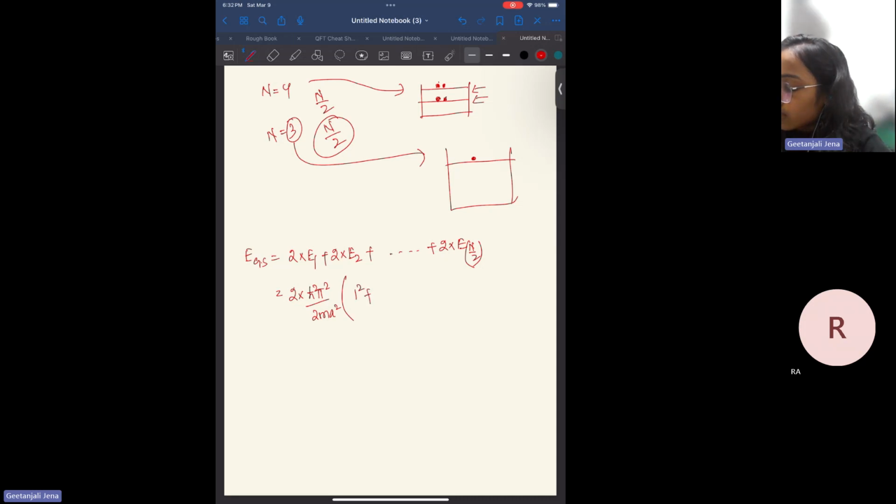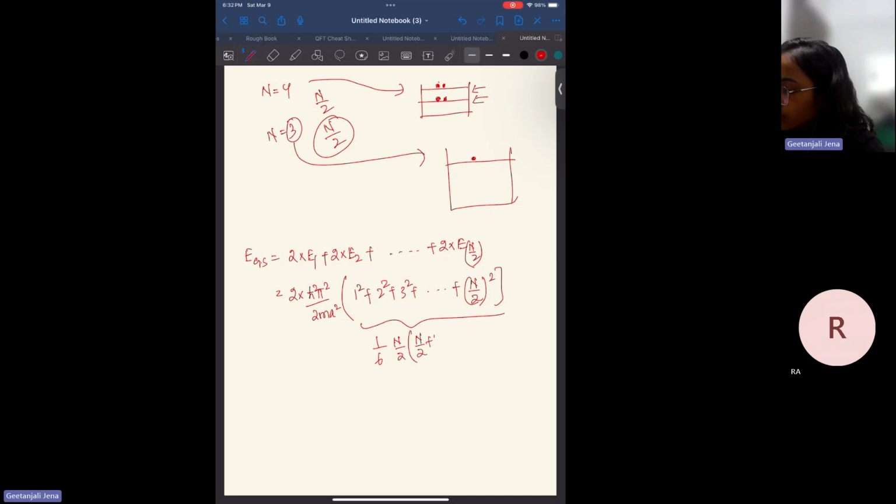Here n is 1, so 1 square, 2 square, 3 square, and the last state is n by 2 square. So this is nothing but 1 by 6 times n by 2, n by 2 plus 1, and 2 into n by 2 plus 1.